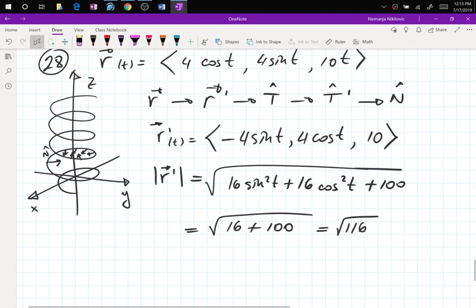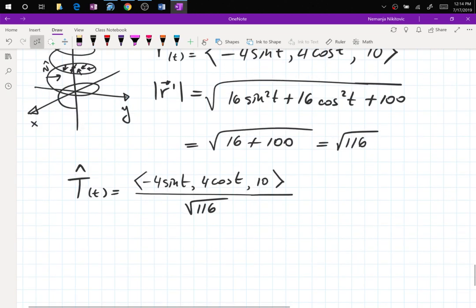So I have my t hat as r prime, the vector we have up there, divided by root 116. If you just give this root to each one of these components, your t hat is negative 4 over root 116 sine t, and it just becomes a constant that you shovel around, so it's not a big deal.